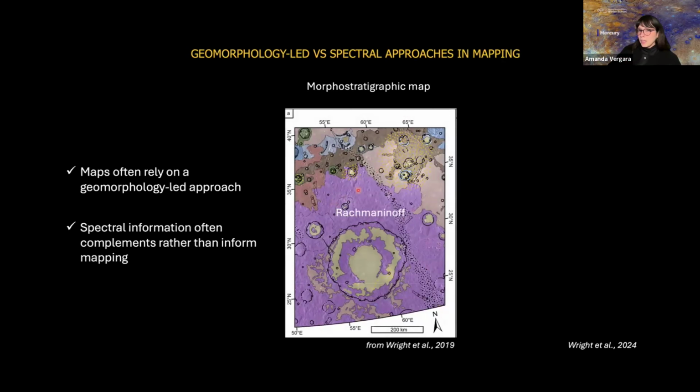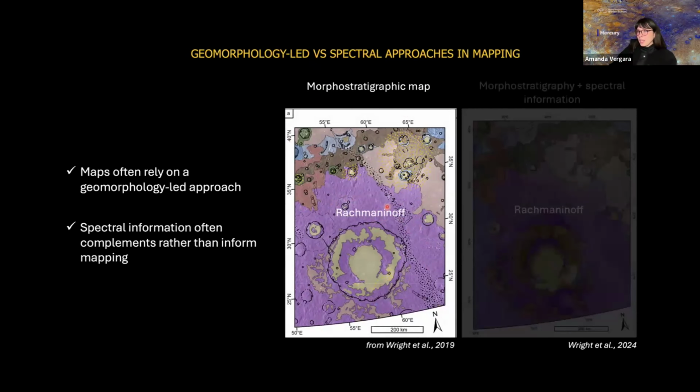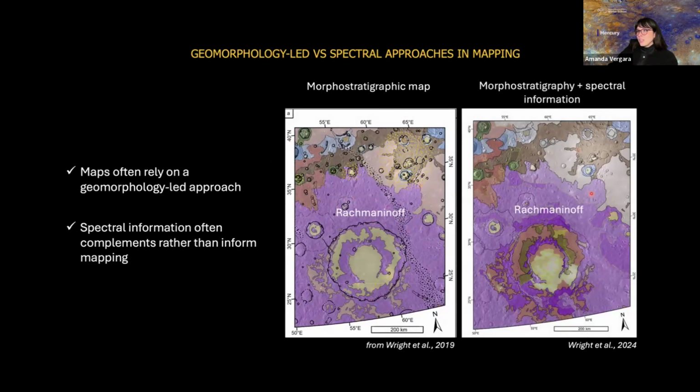This is the Rachmaninoff basin from the H05 quadrangle of Mercury. This is the morphostratigraphic map. And here you can see the same area, but this map comprises both the morphostratigraphic and the spectral information. So here you can see more refined and more robust information with all the different lithologies.